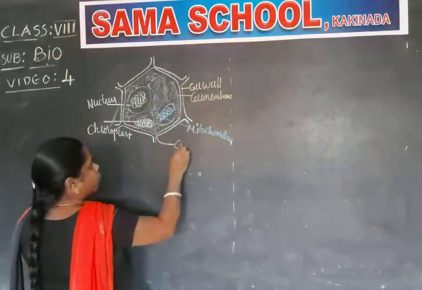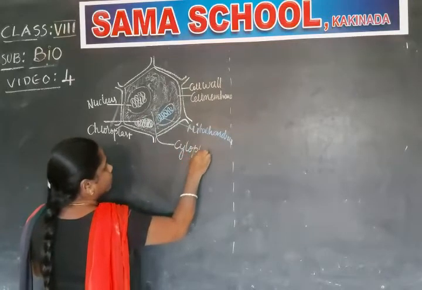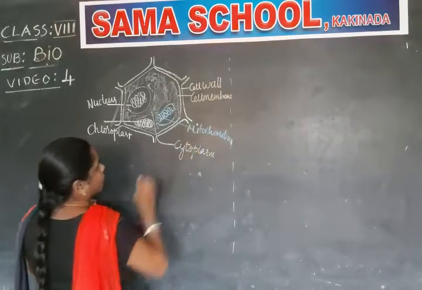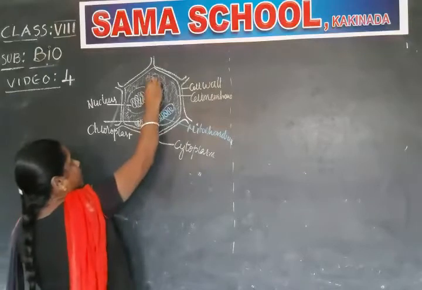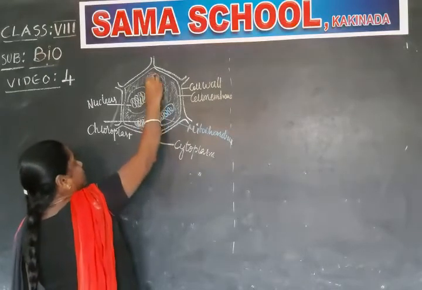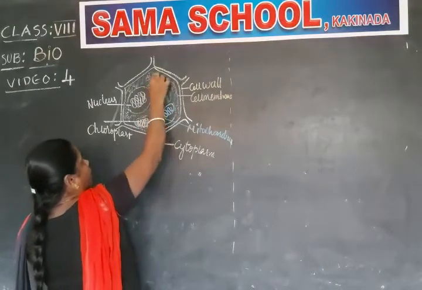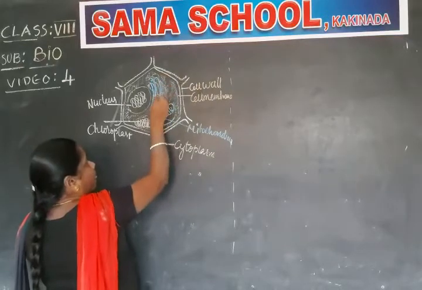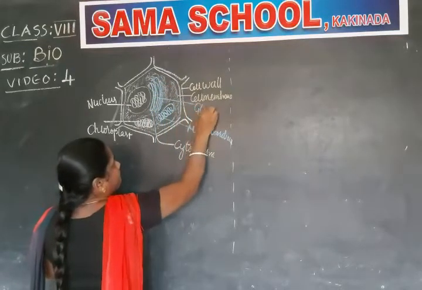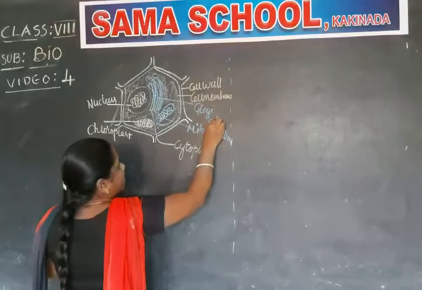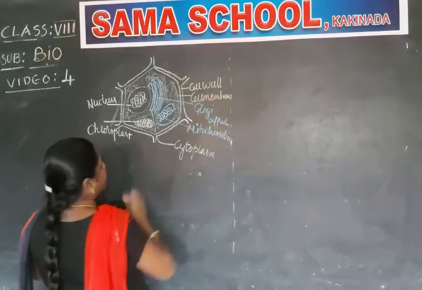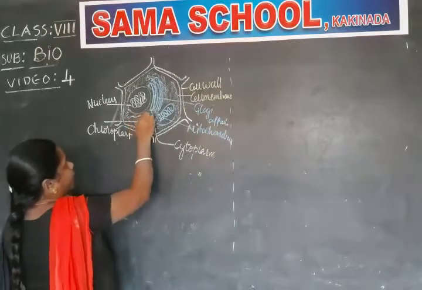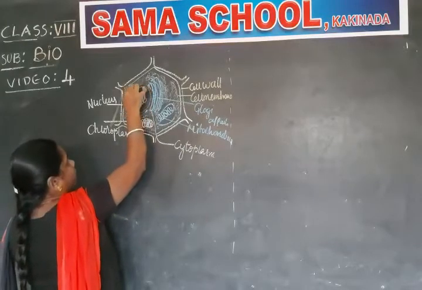So this is called cytoplasm. Then here you can see this is called Golgi apparatus. Then we'll have a rough endoplasmic reticulum.